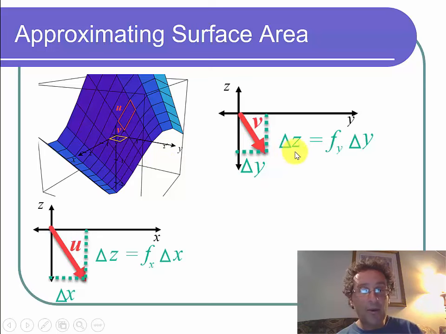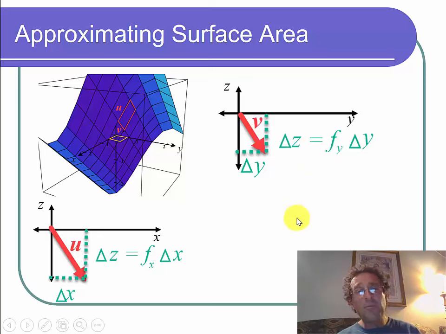And the z component now is going to be f sub y times delta y. Again, if we divide left and right by delta y, we get delta z over delta y is equal to del f over del y. And that's basically the definition when you take limits and you have continuous differentiable functions and all of that stuff.